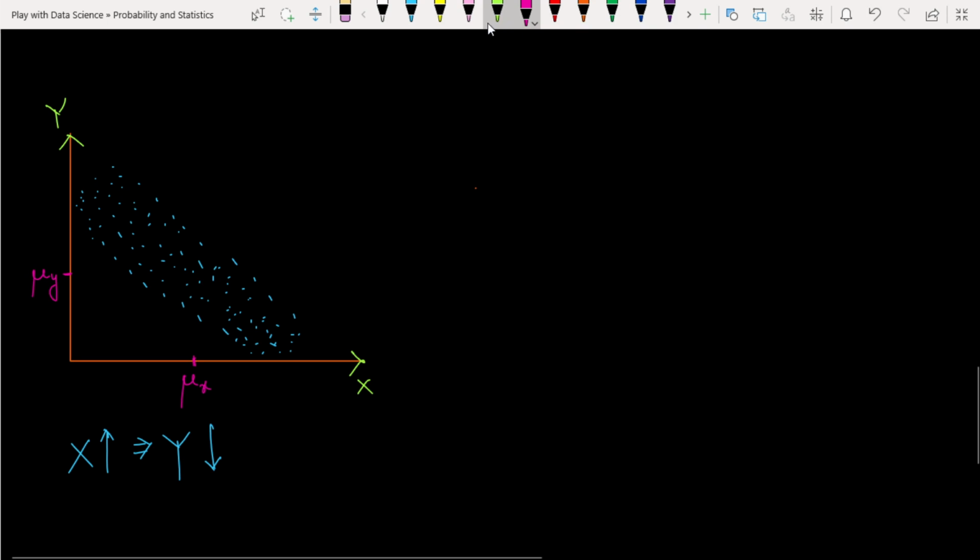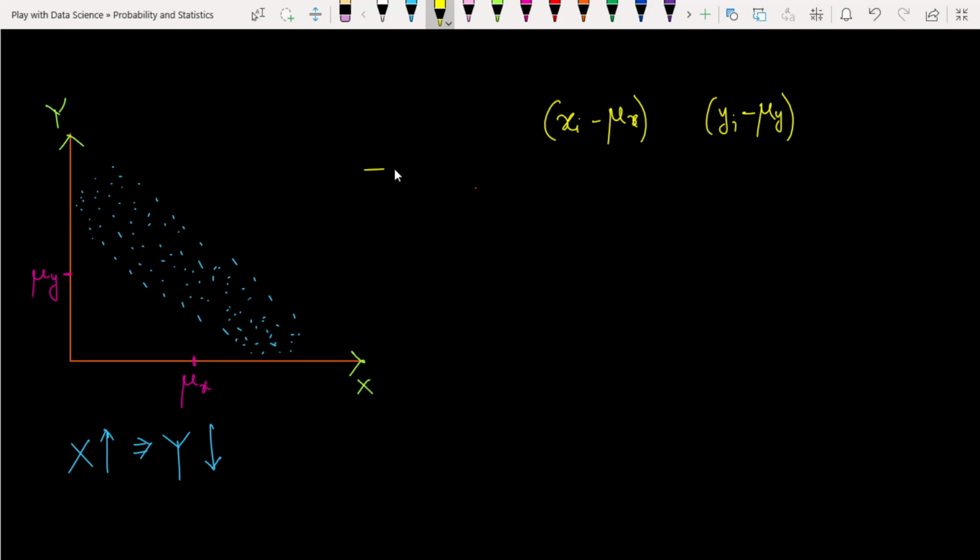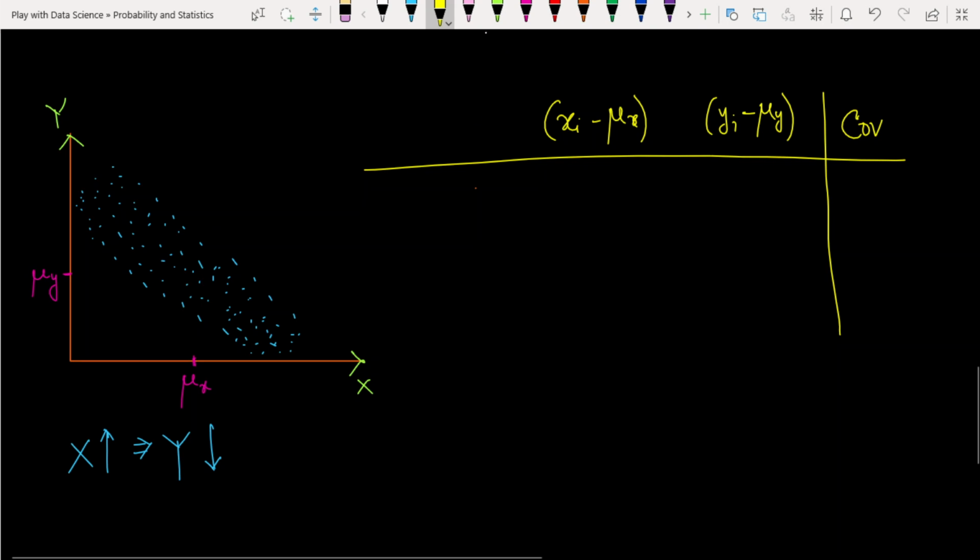Now first take one point, and we have to calculate xi minus mu of x, and after that multiply it by yi minus mu of y, and after calculating this we have to calculate its covariance. Okay, now let's discuss step by step, one by one.